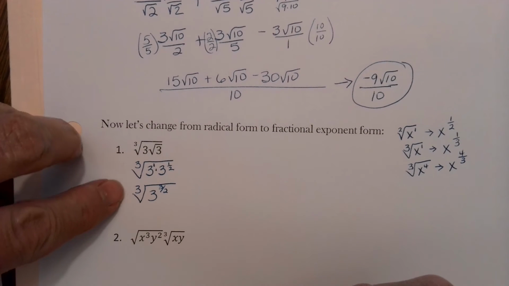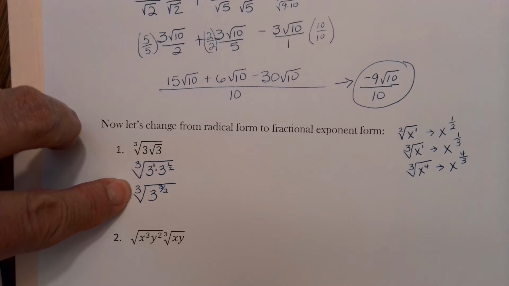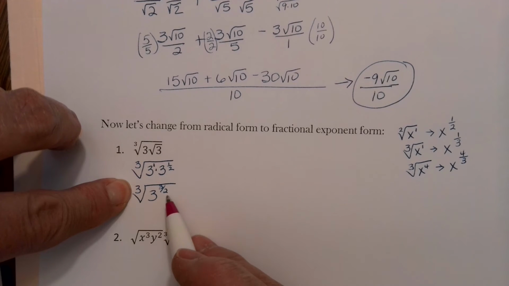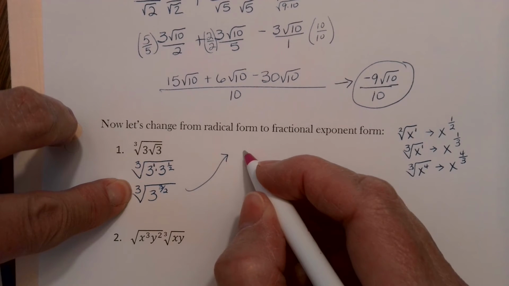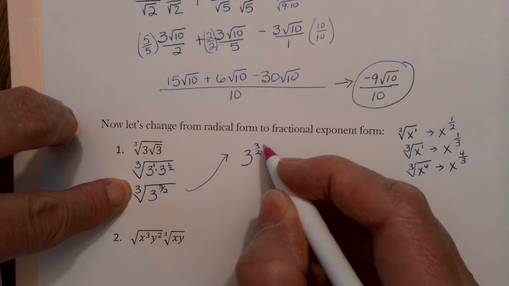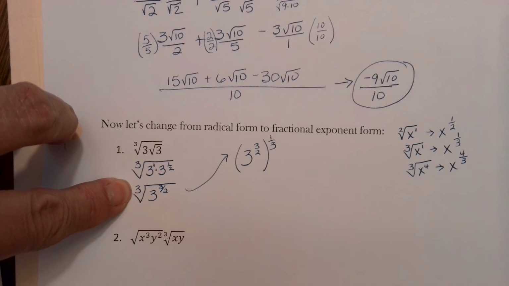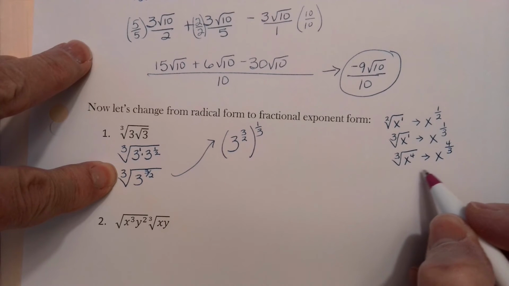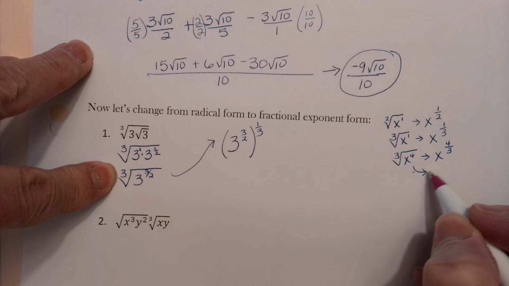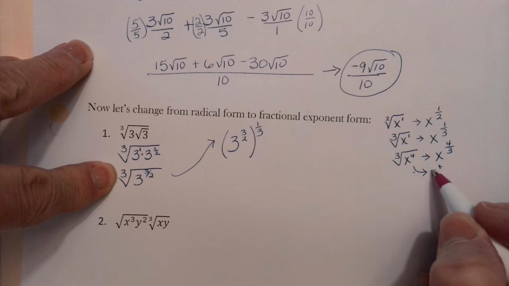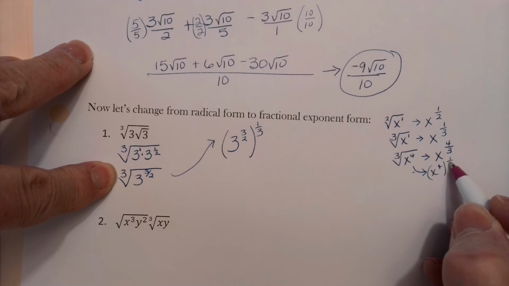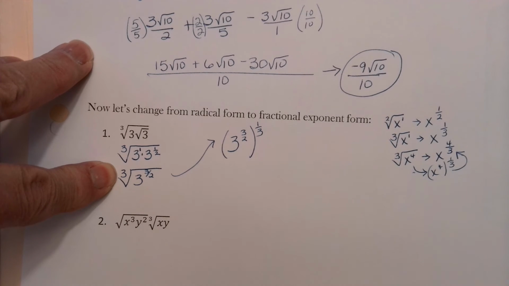Now, if this is a cube root here, it's the same thing as saying 1/3 of this. So it's going to be 3 to the 3/2 power, and that is to the 1/3 power because of the cube root. Just like here, this is like x to the 4th to the 1/3 power, which gives you 4/3.